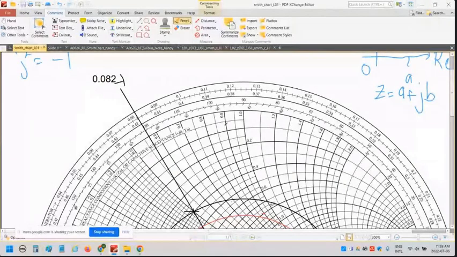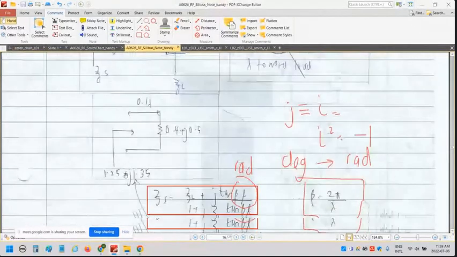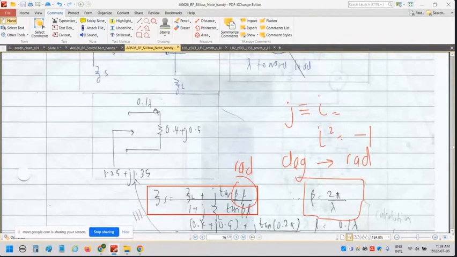And then here you need to know what the value for the ZS is. The length is 0.1 lambda.